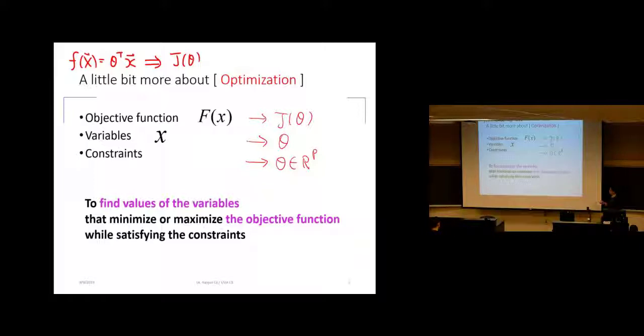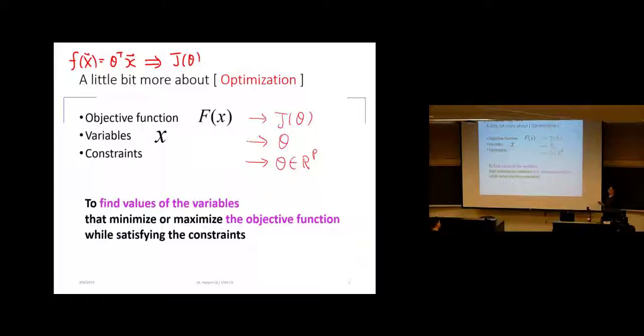And the constraints. There are a lot of constraints in real-world optimization problems. Let's put our problem into this generic framework. In our setting, our objective function is J theta, our variable is theta, and the constraint is that theta is a p-dimensional vector.